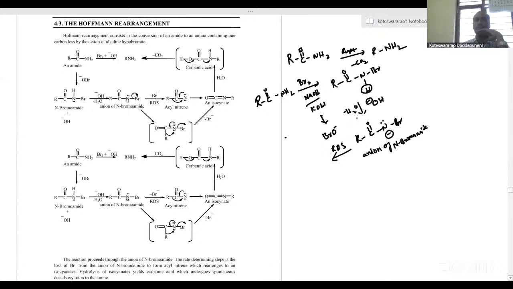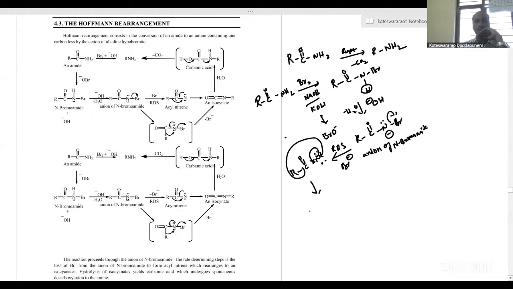What is happening? It involves a rearrangement reaction. First, it leaves the bromine with its negative charge, giving bromide ion. Now it leads to formation of a nitrene intermediate. This is an electron deficient intermediate, which undergoes rearrangement like this.